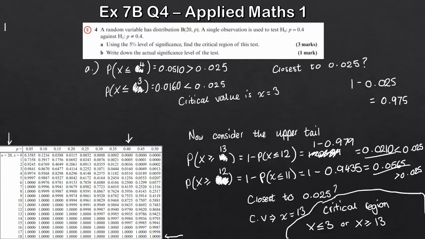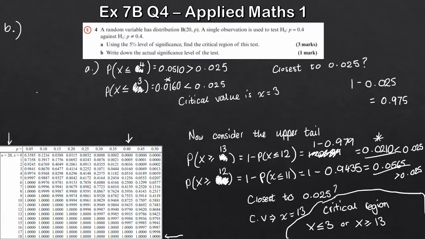So finally for part B, if we write down the actual significance level of the test, that is simply the two values that you essentially picked out. We picked this one because that was the closest. So it's the two closest values added together. It's really easy. We picked the 0.016, didn't we?